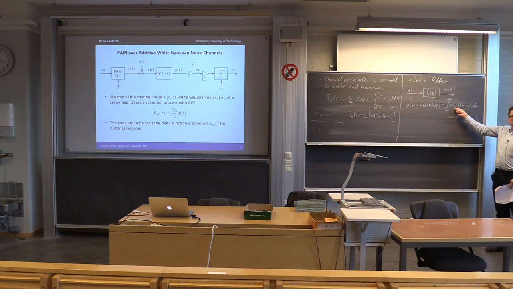So what happens if I take n of u and multiply that with this one, for a given t and u? So this is just a number, right? For a fixed t and u, this is just a number. Agreed? And then I multiply that with a Gaussian. So what is the distribution of the product of a Gaussian with a constant?